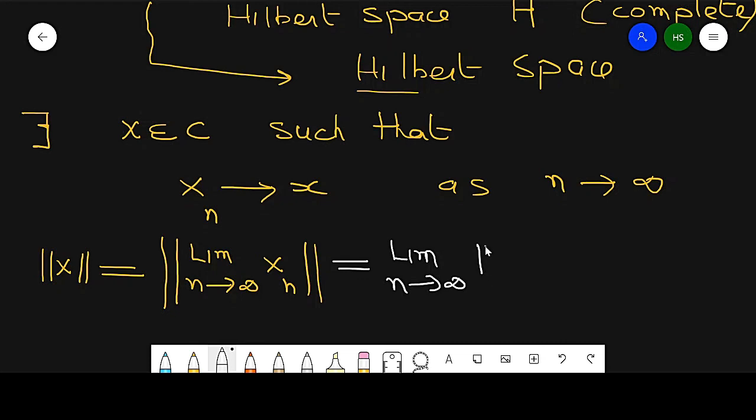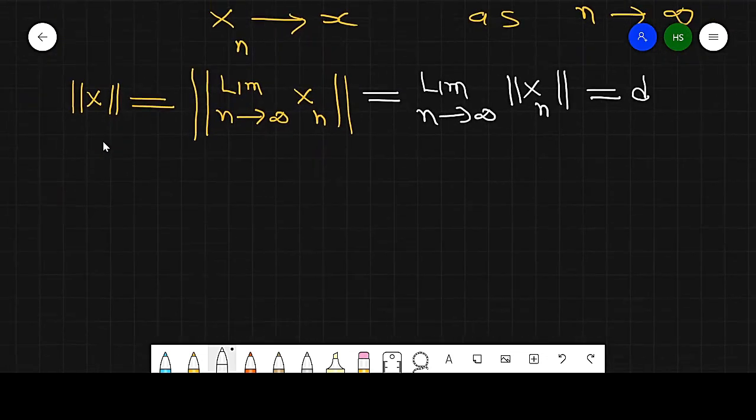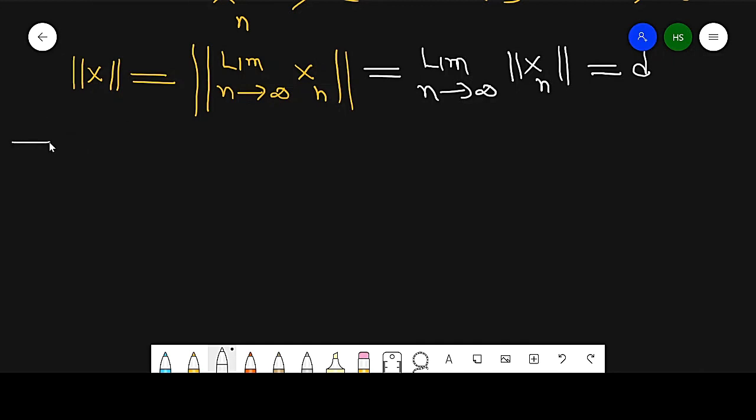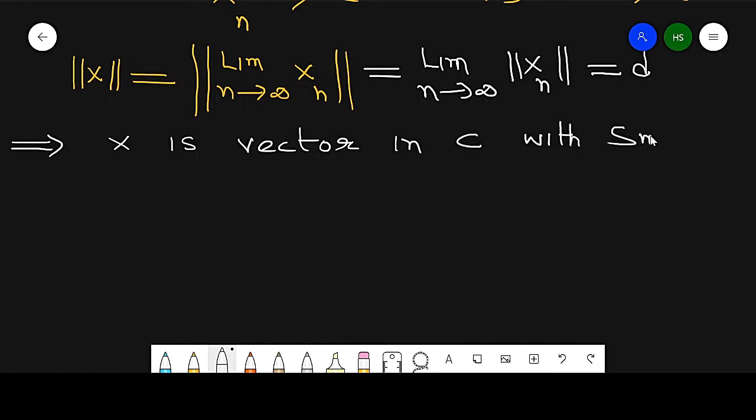This is the limit of the norm of xn, which is equal to d. So which proves our result. So x is a vector in C with the smallest norm.